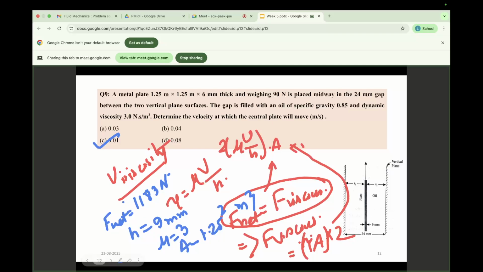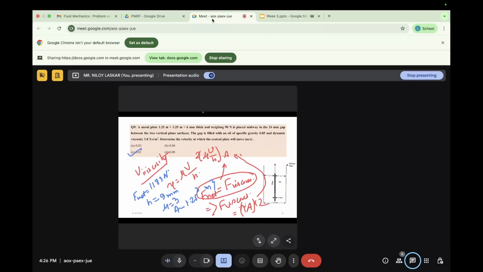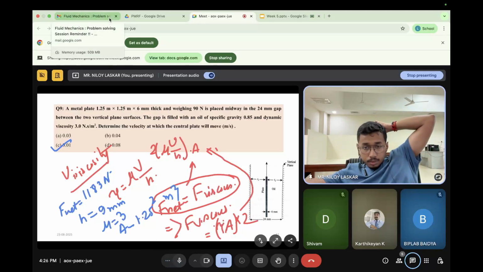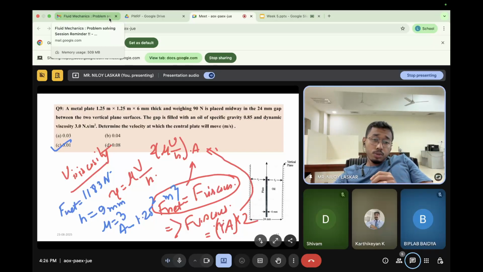So is this concept clear to everyone? Please let me know. So what we initially do, we find out this buoyancy force, and after that we find out this net force, which is this weight force minus buoyancy force. And now we find out this viscous force.